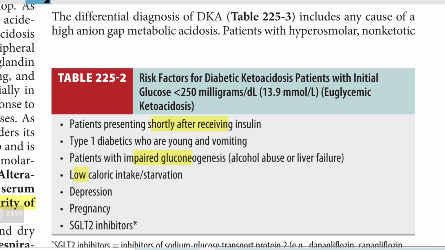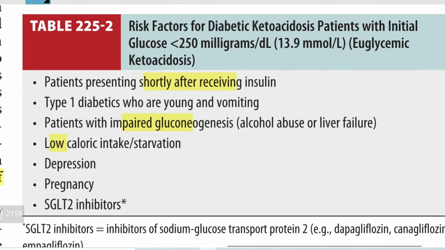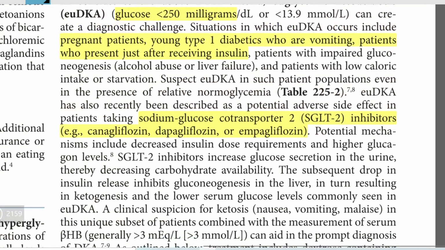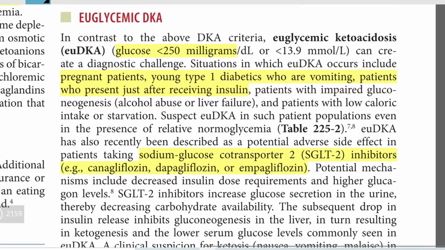These are patients presenting shortly after receiving insulin, type 1 diabetics who are young and vomiting, and patients with impaired gluconeogenesis, that is alcohol abuse or liver failure, low caloric intake or starvation, depression, pregnancy, and SGLT2 inhibitors, that is dapagliflozin, canagliflozin, empagliflozin. So these cause euglycemic DKA.